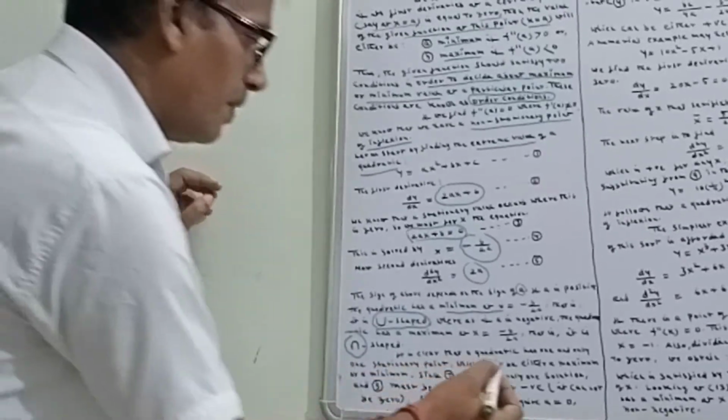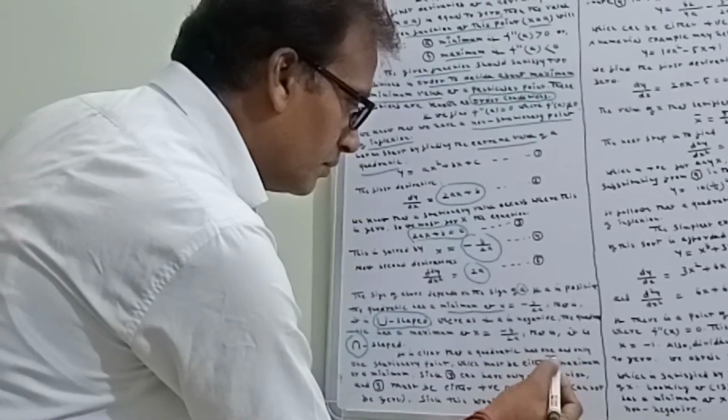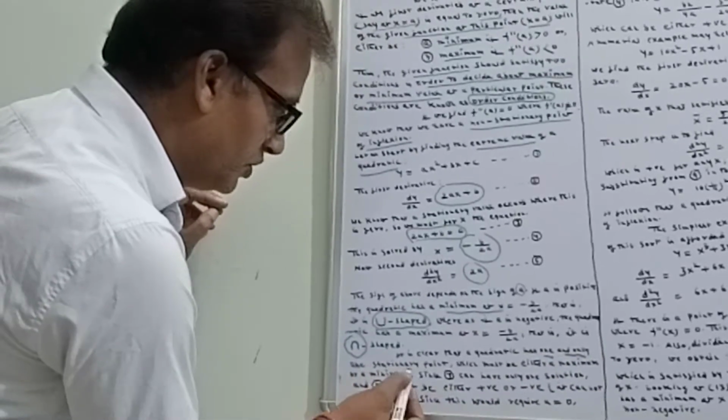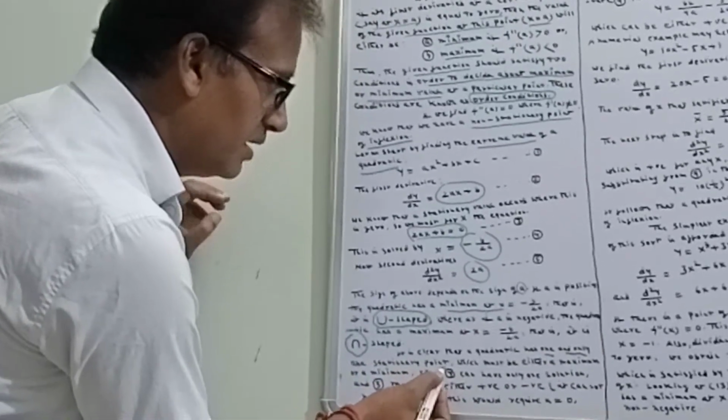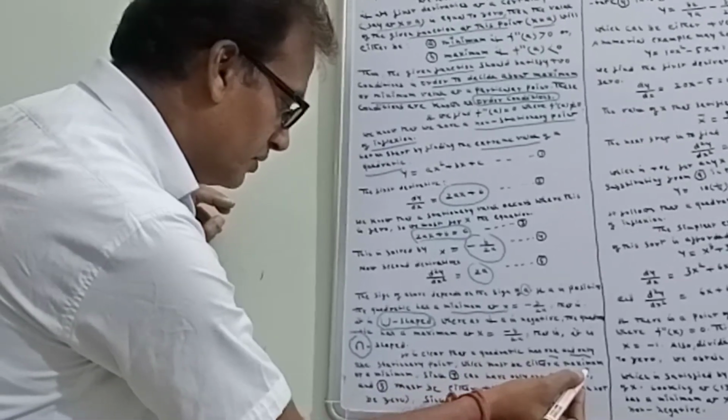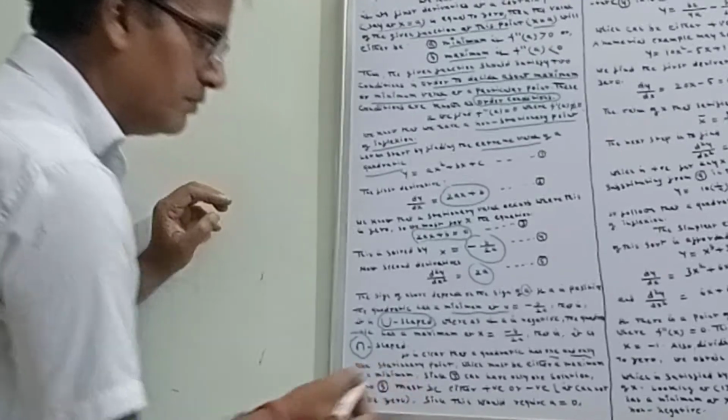So it is clear that a quadratic has one and only one stationary point. केवल एक होगा which must be either a maximum or a minimum.